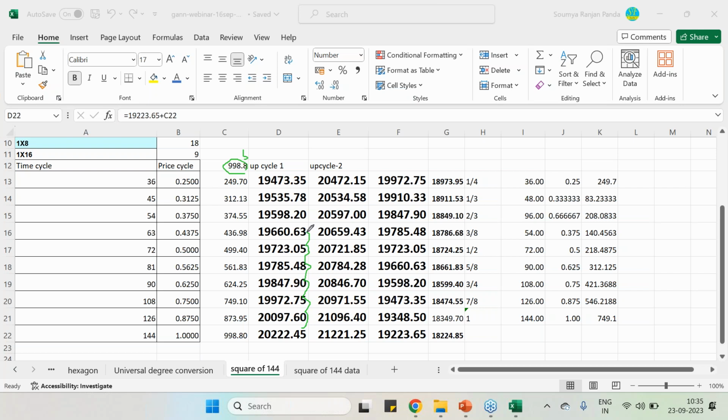Now if it is falling back, where does it have the probability to touch? 19,473 also. So this is surrendering the off cycle 1. If it surrenders this part, then next 384, 224, then 873. Like this way it will go on.